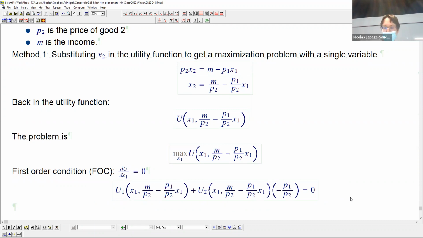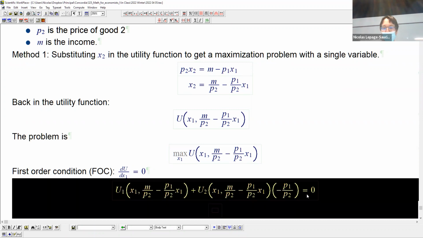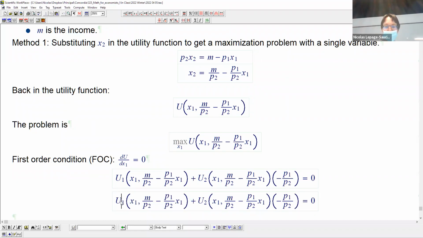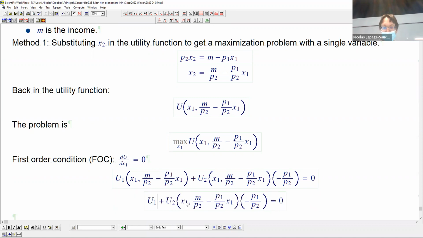So then I can see what we get. After substitution, I'm not going to keep these arguments, but they are there. It's just too long to write. Okay, so this goes on the other side.